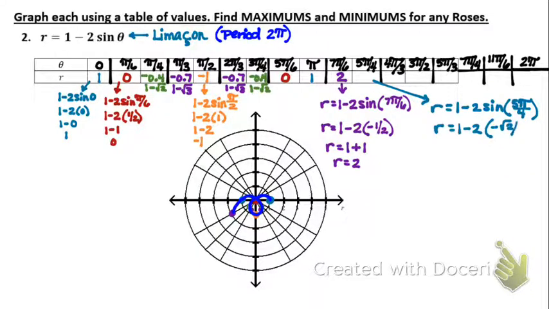Negative radical 2 over 2. So this becomes 1 plus radical 2, which is approximately what? 2.4. R is approximately 2.4. So here's my angle line for 5 pi over 4. I want to take that out to 2.4, right about here.